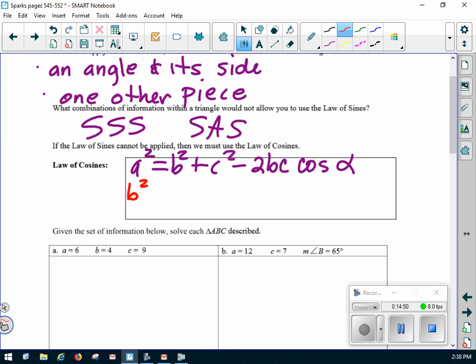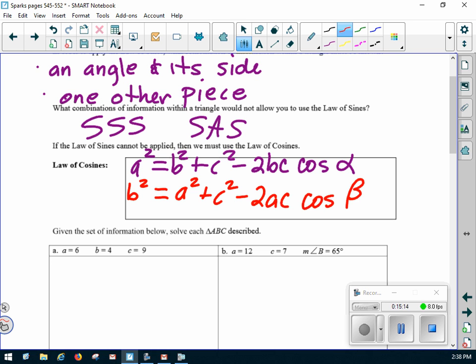B squared equals a squared plus c squared minus 2ac cosine beta. Look at the pattern.